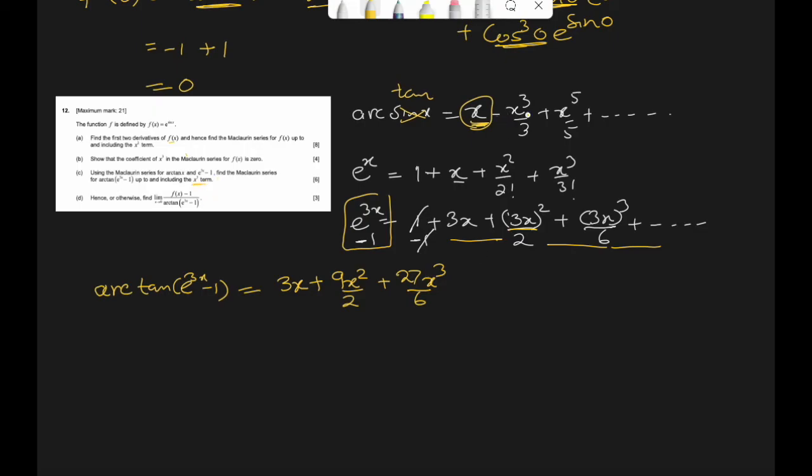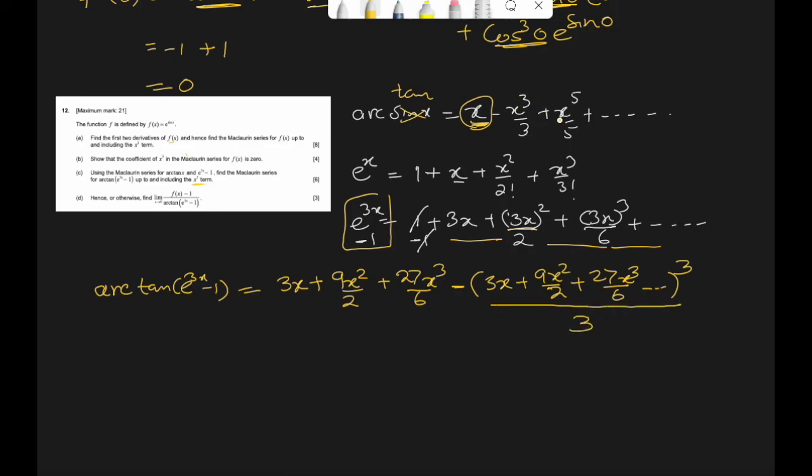So let's go to minus x cube now. Minus, and this whole thing cubed: 3x plus 9x square over 2 plus 27x cube over 6, and so on, cubed over 3. This is what it is, right?